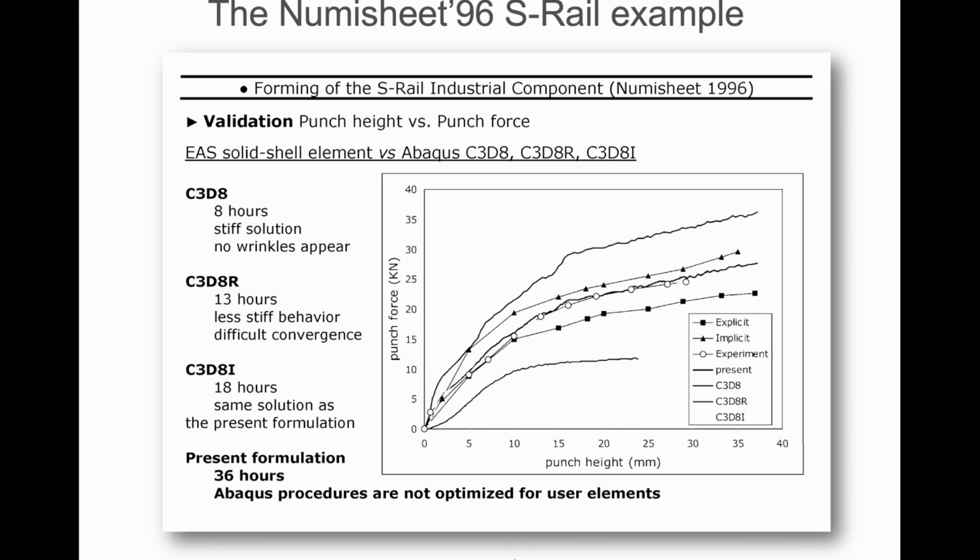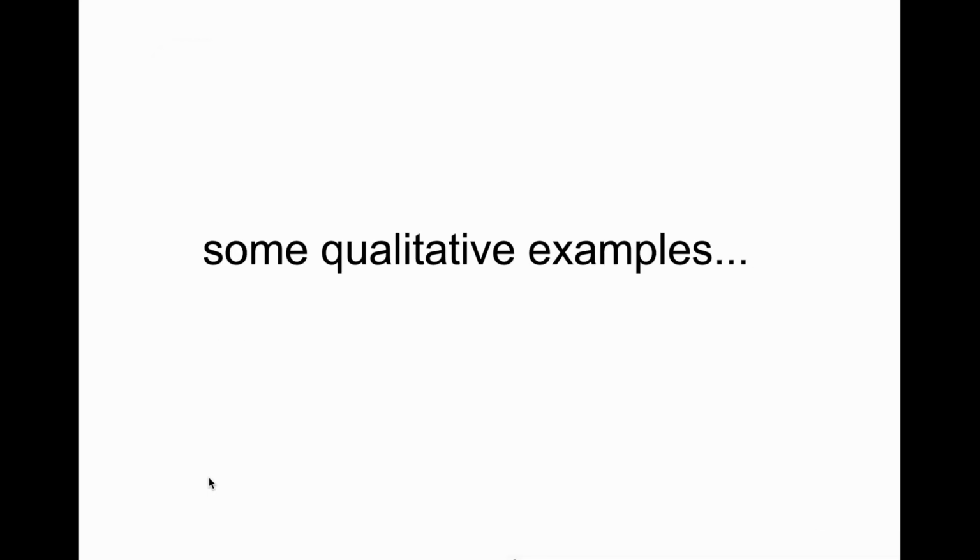So it takes 5 hours, which is impressive. The C3D8I, which is based on the incompatible modes, is the slowest, and the present one is 36, but it was implemented as a Fortran code outside Abaqus, so it's not optimized like a user element. Anyway, the results were good.